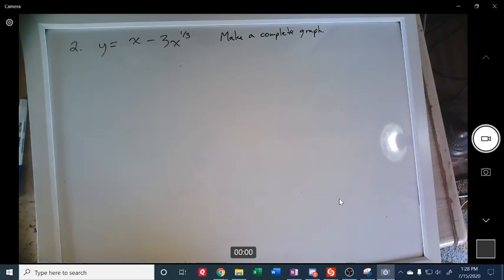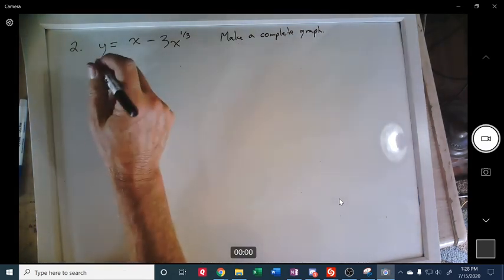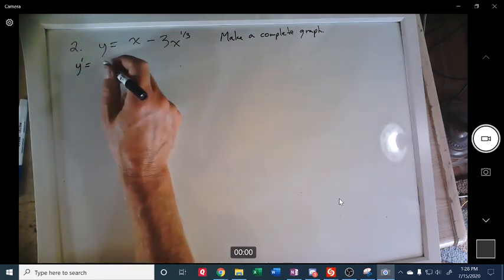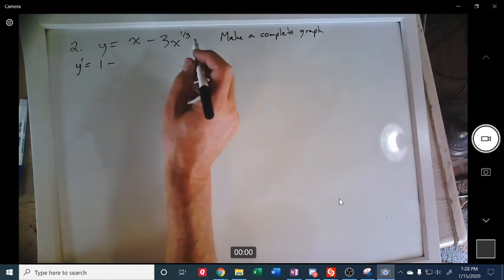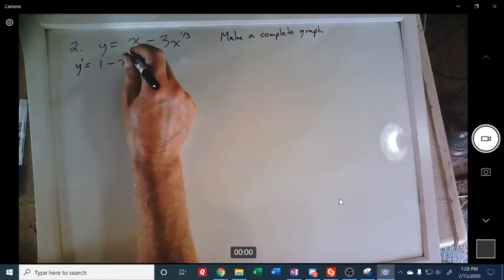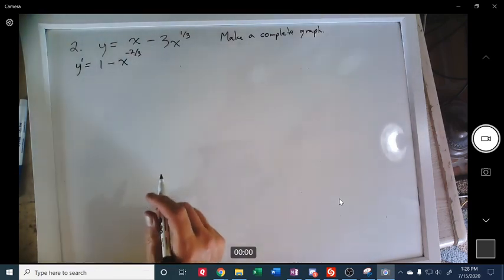We start by taking y prime: 1 minus, the 1/3 and 3 cancel out, x to the negative 2/3.